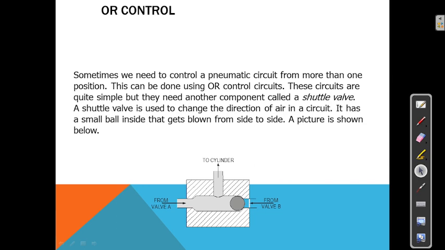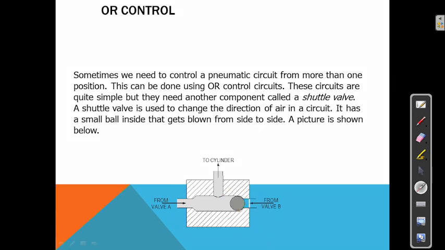These circuits are quite simple, but they need another component called a shuttle valve. This shuttle valve is used to change the direction of air in a circuit. It has a small ball inside that gets blown from side to side. You can see this picture.